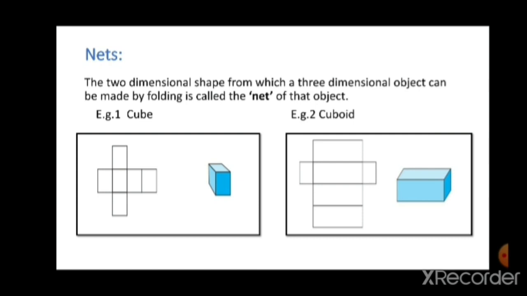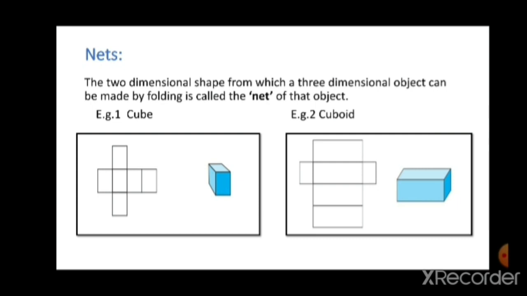Understood? They have given you the net of 4 rectangles and 2 squares. If we join this given structure of 4 rectangles and 2 squares, then you will get a 3D box which is named as cuboid.